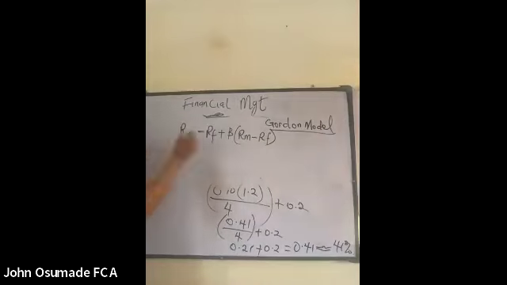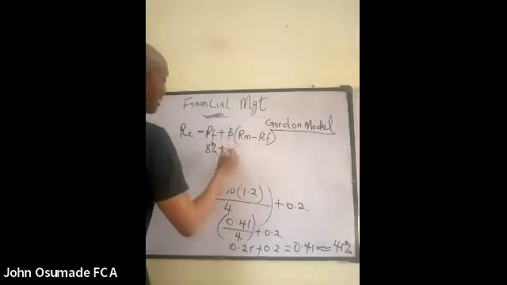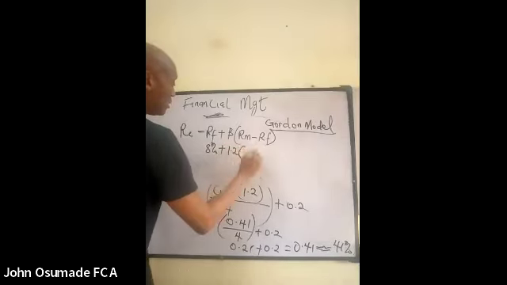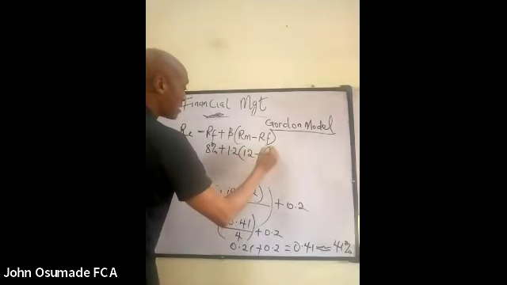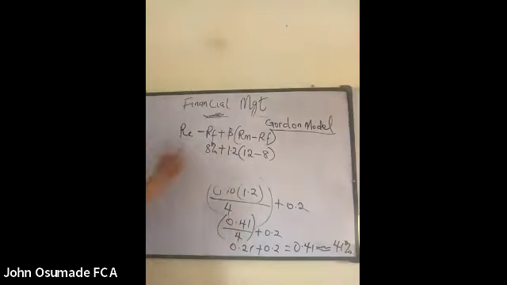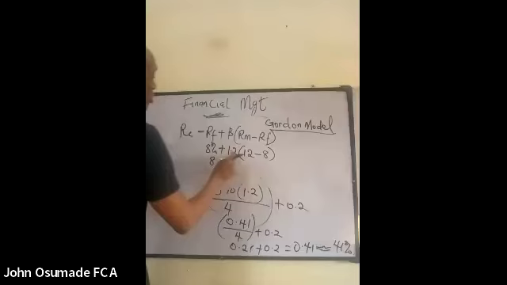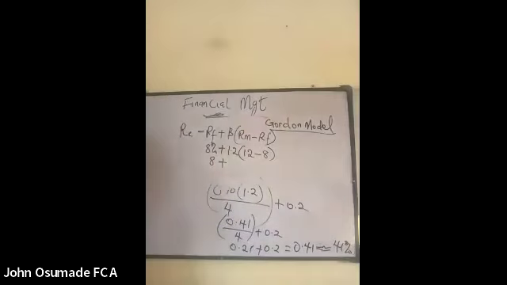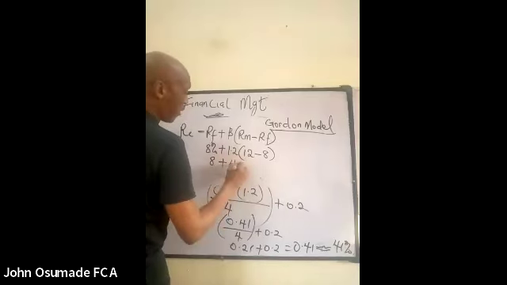And that will be risk-free rate is 8% plus beta is 1.2, and this bracket is 12 minus 8, and that will give us 8 plus 1.2 times 4. 1.2 times 4 will give us 4.8.